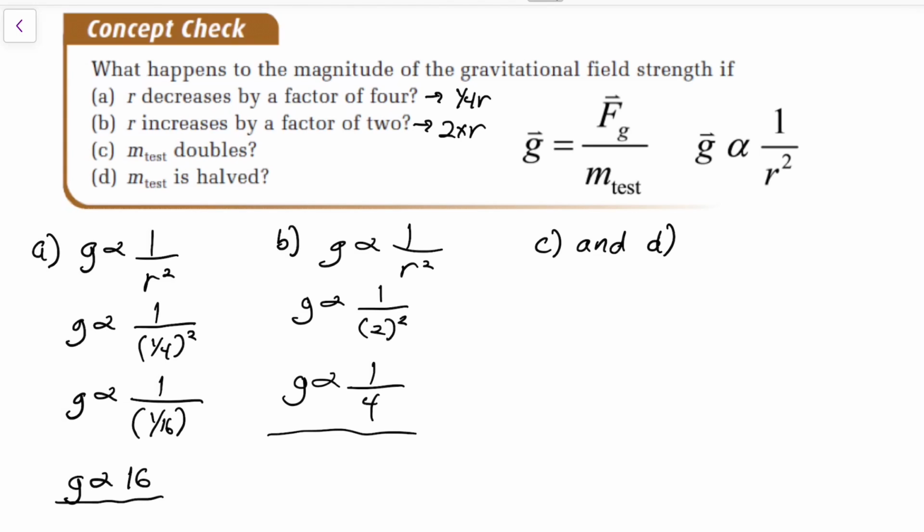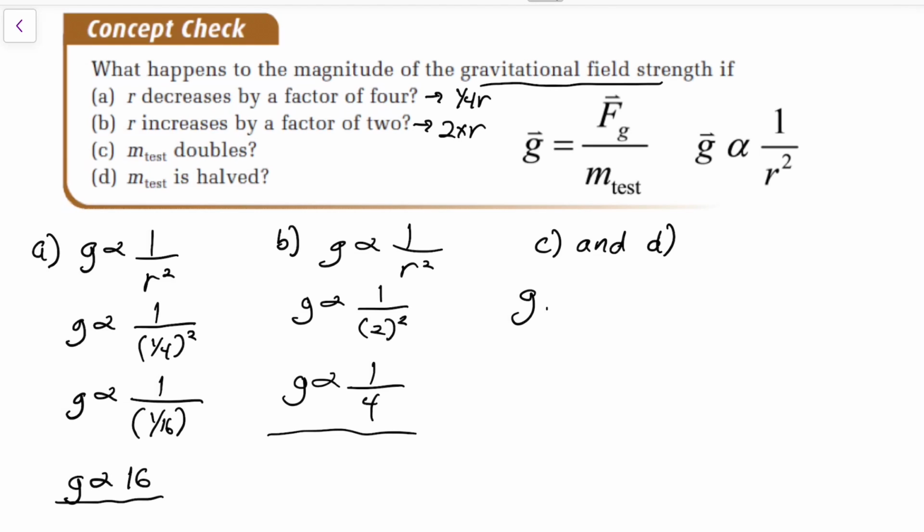Whether you're dropping a pencil or a bowling ball or a filing cabinet or a car, the amount of force on each thing is going to change. So the amount of force on a pencil is much less than the amount of force on, let's say, a car, obviously. But whether you're talking about a pencil or a car, the gravitational field strength is unaffected by the test mass.